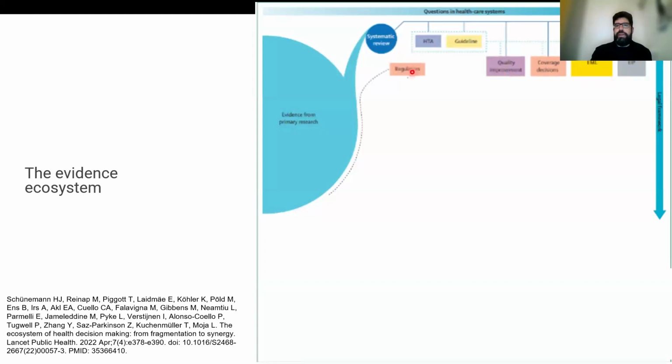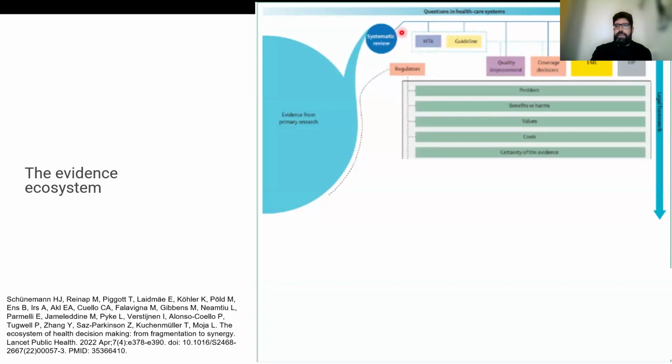Some regulators directly use primary evidence, but independently of any of these ways, we all take a framework or a way to make a decision.